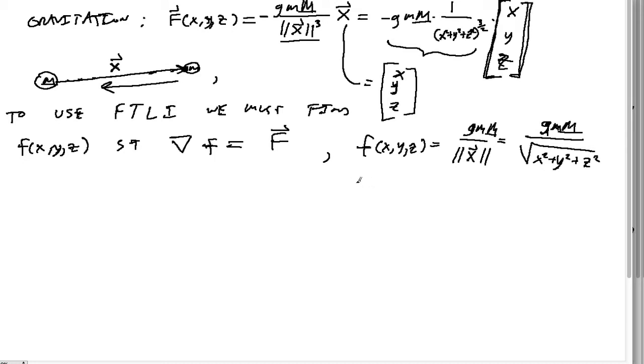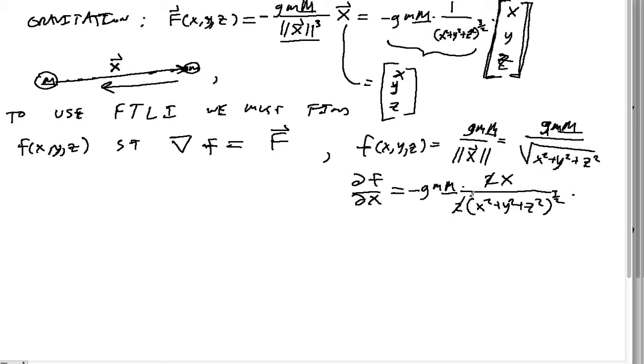So can this work? Well, I could take a derivative just to see. I'll try just the partial with respect to x, and that'll be negative g little m big M, and then that was a negative 1/2 power sitting there, so that becomes x squared plus y squared plus z squared to the 3/2 power, and then there's a 2 down there, and then we have to do the chain rule, so the inside becomes a 2x, so the 2's cancel, and it produces exactly the first component up there.